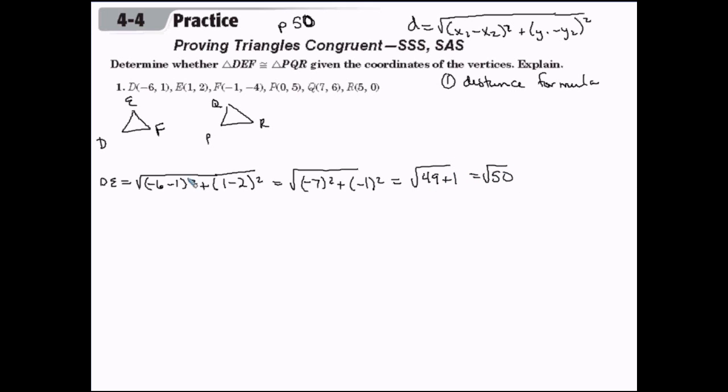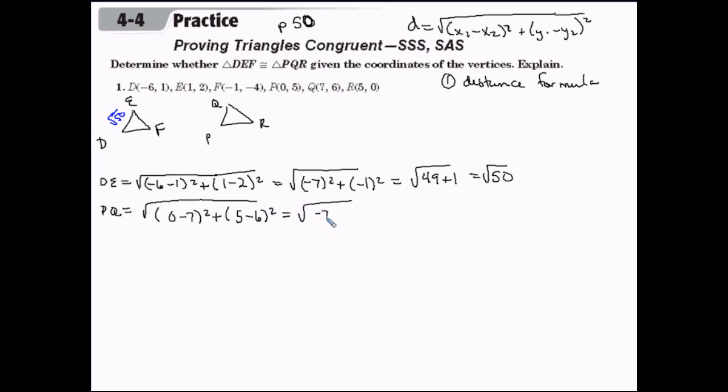And I'm just going to go ahead and label it because it's easier to keep track of that way. And then I have to do PQ because that's the corresponding side, so I have to make sure it's the same size. If I continue to find same side lengths, I have to keep going. If I find one that's no longer the correct length, then I can stop. So PQ is 0 minus 7 and 5 minus 6.